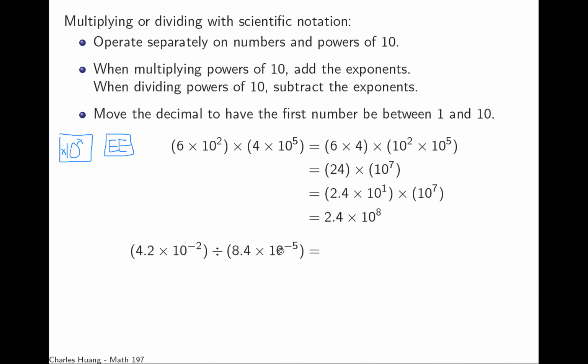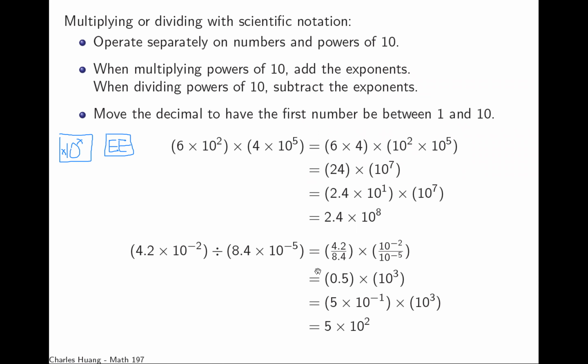When we divide, it's the same idea, but when we divide the powers of 10, we subtract the exponents. So you'll notice in this case, I have 4.2 divided by 8.4, and 10 to the negative 2 divided by 10 to the negative 5. What I will do is subtract them: negative 2, minus negative 5.